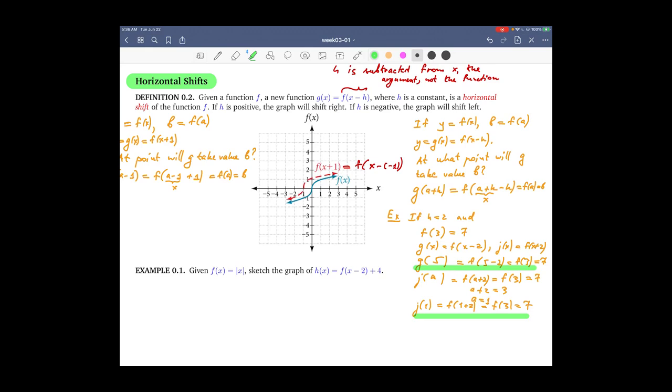G was obtained by subtracting 2 units from the argument of f, and we move the graph of f to the right, and J was obtained by, one more time, adding to the argument of f 2 units, or subtracting negative 2 units. So we move the graph of f by 2 units to the left to produce the graph of J.